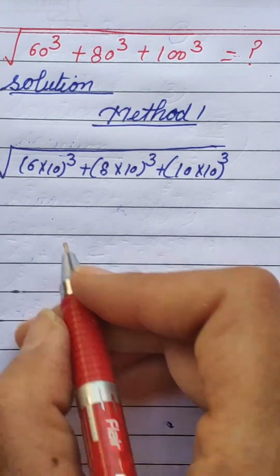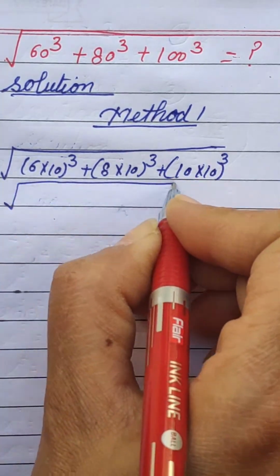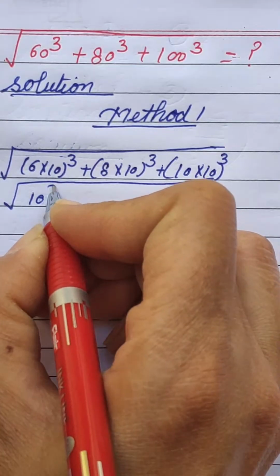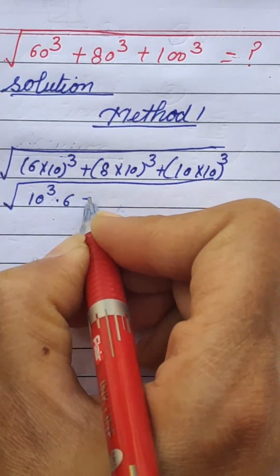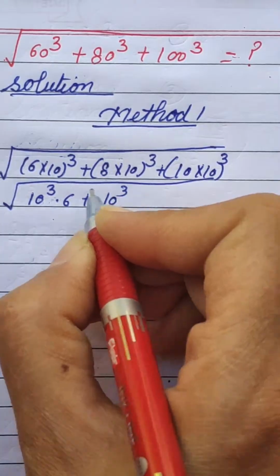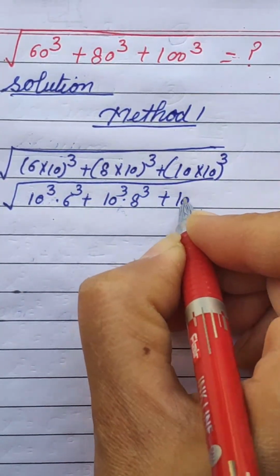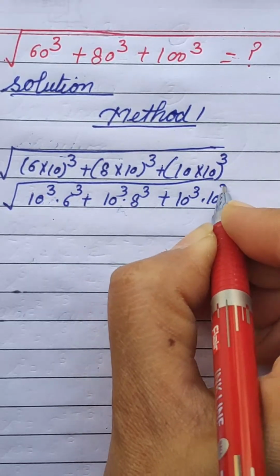Right? So now we segregate it: 10 raised to the power 3 into 6 raised to the power 3 plus 10 raised to the power 3 into 8 raised to the power 3 plus 10 raised to the power 3 into 10 raised to the power 3.